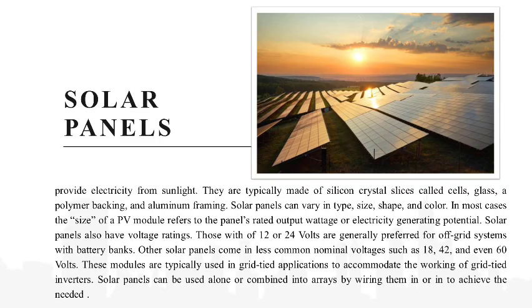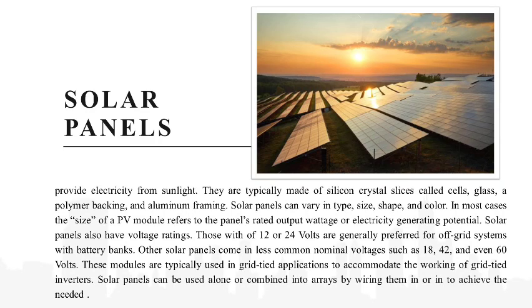In most cases, the size of a PV module refers to the panel's rated output wattage or electricity generating potential. Solar panels also have a voltage rating. Those with 12 or 24 volts are generally preferred for off-grid systems with battery banks.